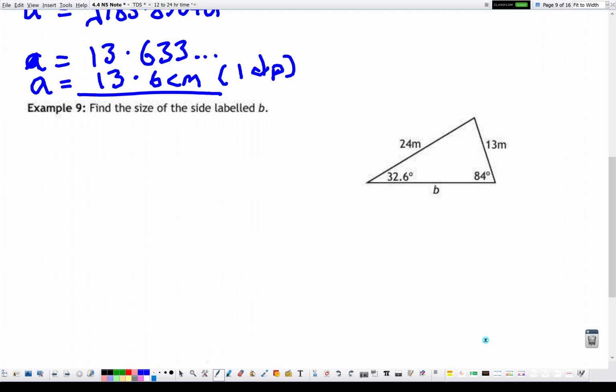We're given that side B, which means the opposite angle up the top must be capital B. A and C, it doesn't actually matter which we choose. So why don't we make 24 meters small a, which makes 84 degrees capital A. We can make 13 meters small c, which is going to make 32.6 capital C.